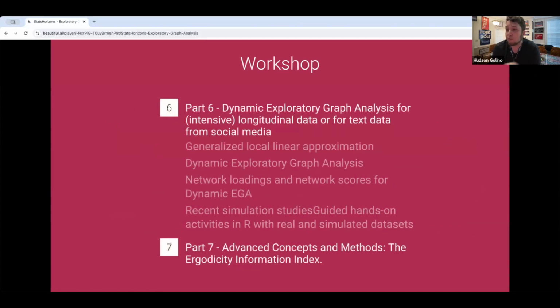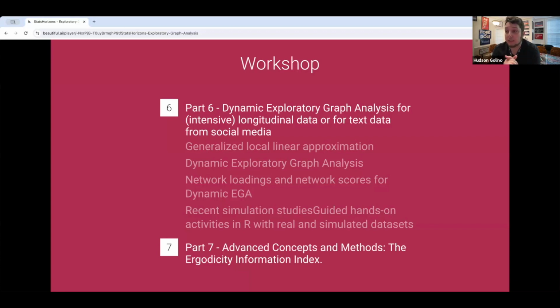Then we will move to more specific and, let's say, more complicated techniques, specifically related to the difference between inter-individual variance and intra-individual variance. So we expanded exploratory graph analysis, which is a cross-sectional technique, to the intra-individual level.